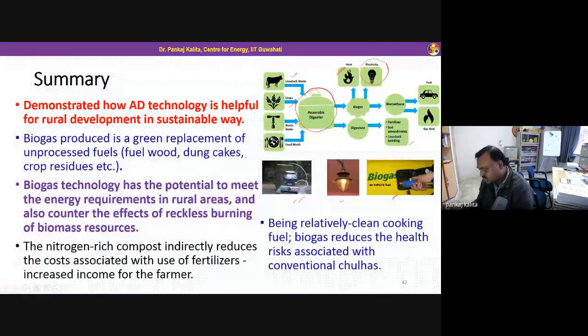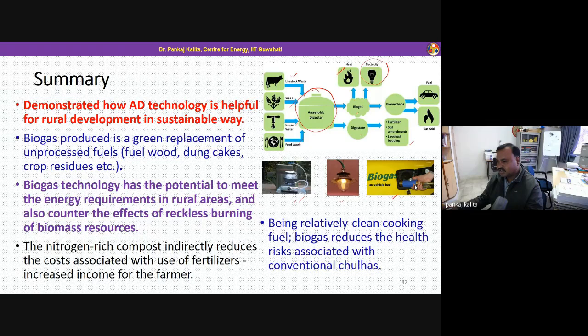There are some countries already in the process of utilizing this biogas as a vehicular fuel, like Sweden. And being a relatively clean cooking fuel, biogas reduces the health risk associated with conventional chulhas.